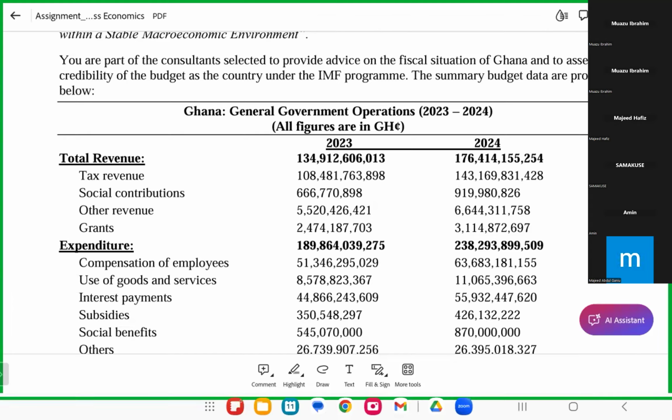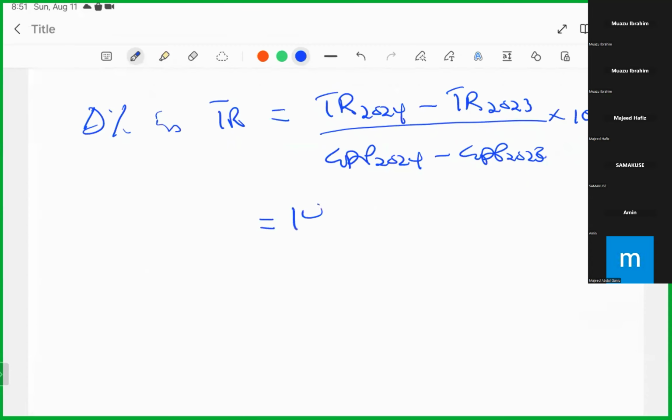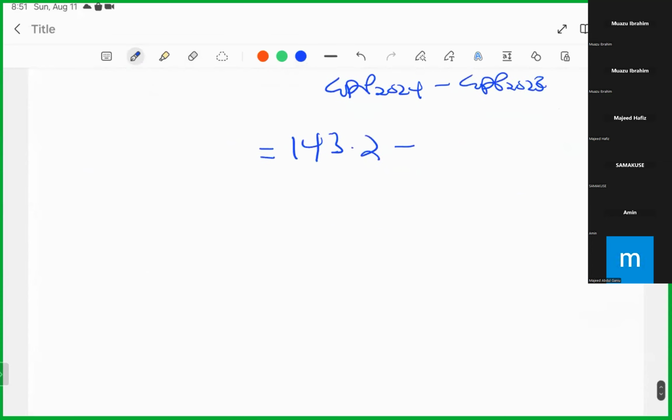So we have 143.2 billion minus the previous one.